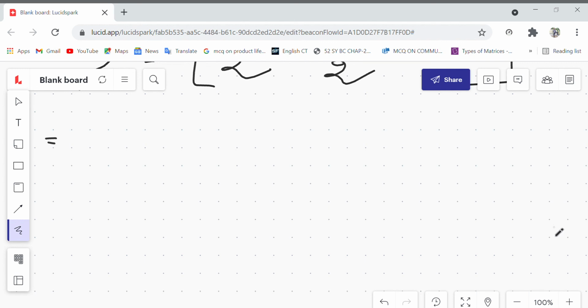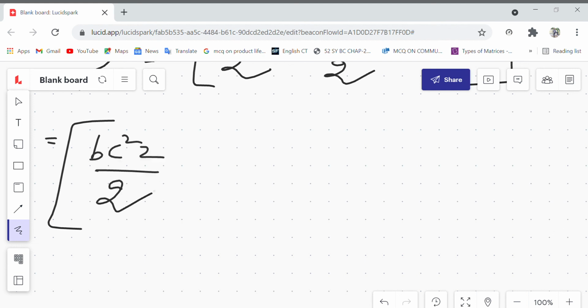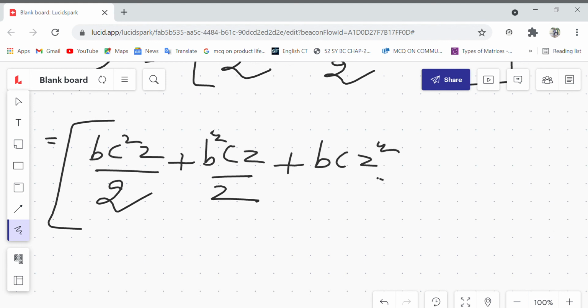Then again we have to integrate with respect to this one. The last integration equals bc square z divided by 2 plus b square cz divided by 2 plus bcz square divided by 2, for 0 to a.